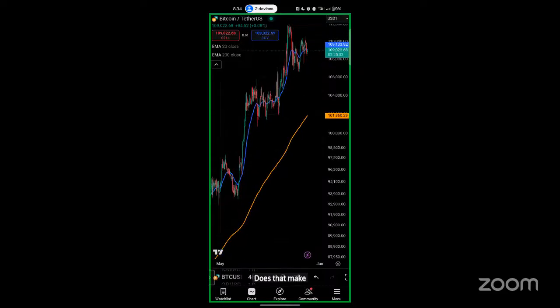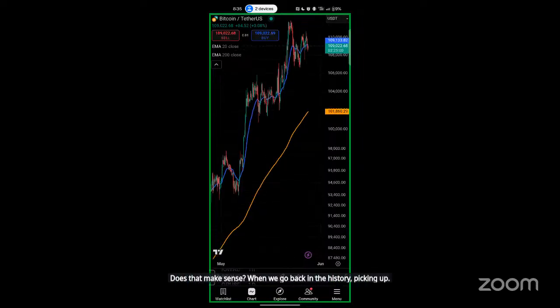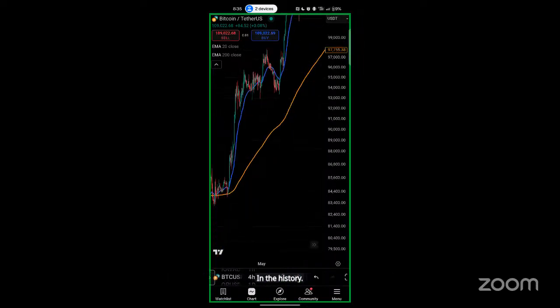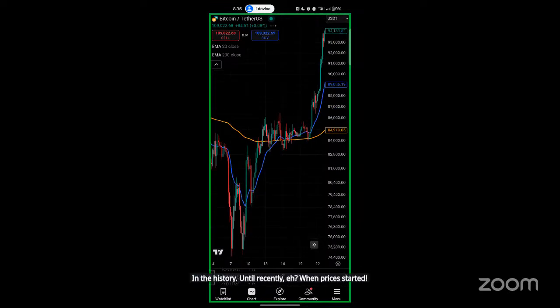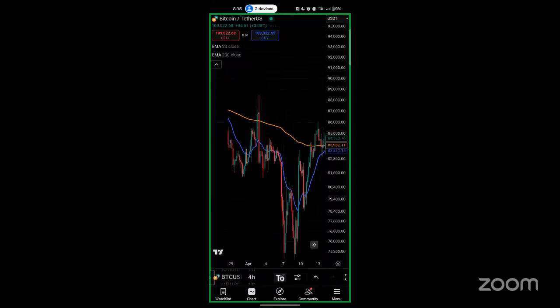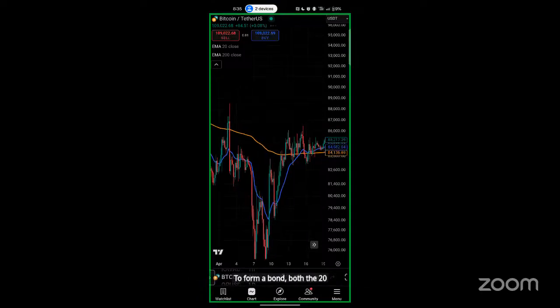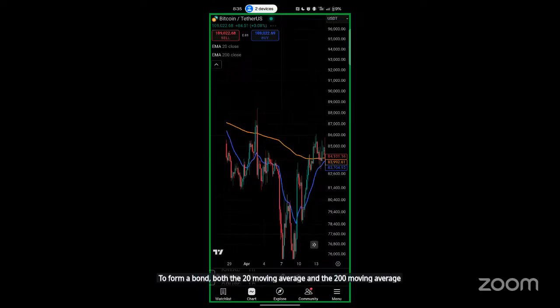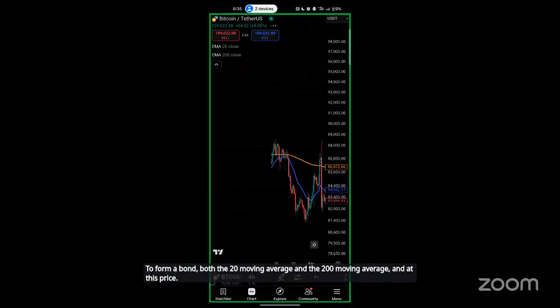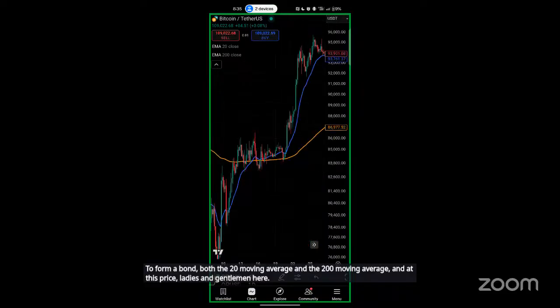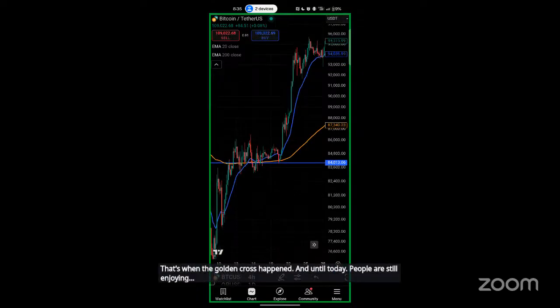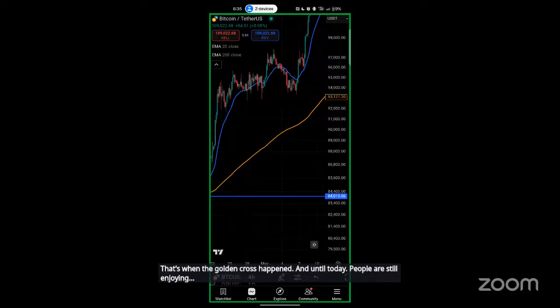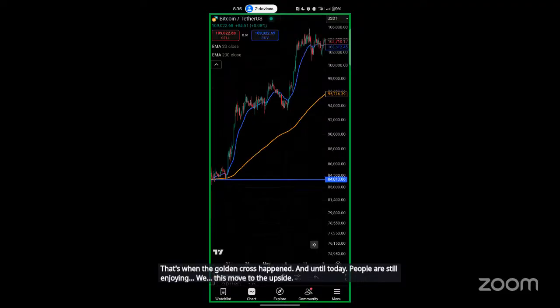When we go back in the history, until recently, when prices started to form above both the 20 moving average and the 200 moving average, at this price, ladies and gentlemen, that's when the golden cross happened. And until today, people are still enjoying this move to the upside. Does that make sense?